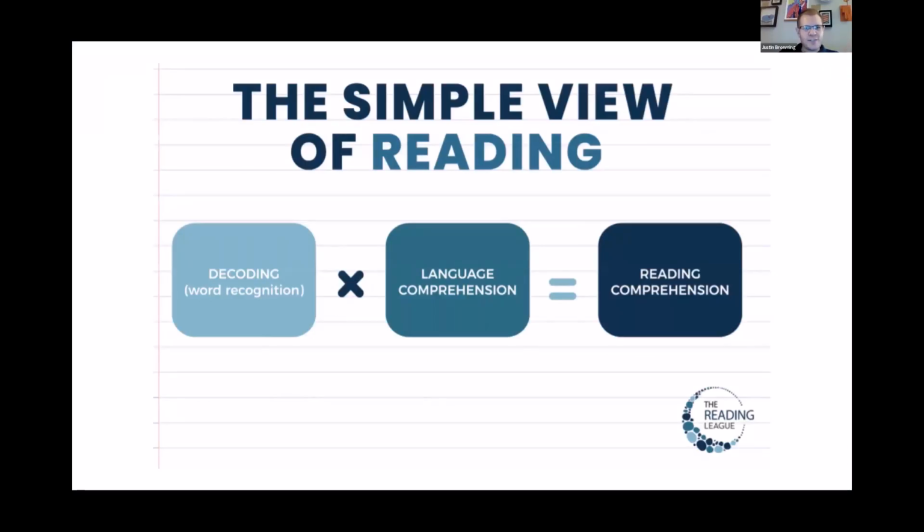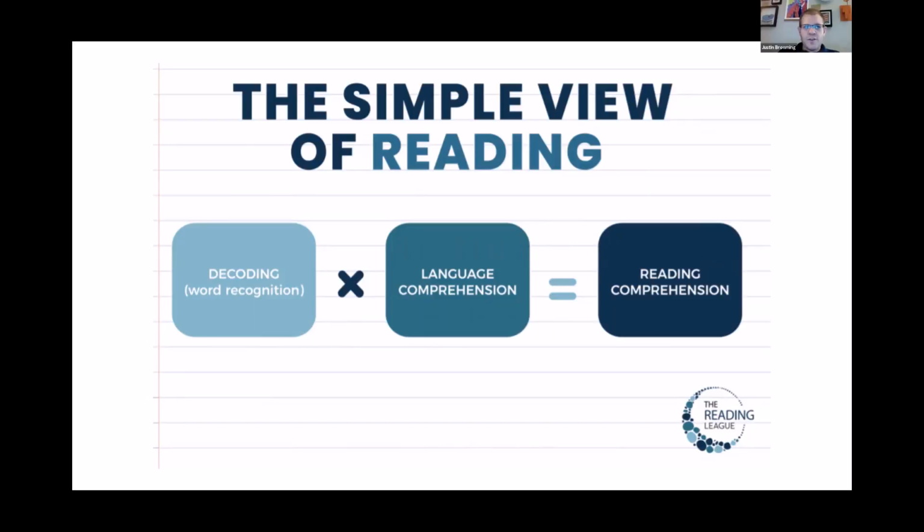But I just want you to make sure that we can connect this to the simple view of reading. So the simple view of reading by Gough and Tunmer is really a simple way to understand how we learn to read and how reading comprehension comes to be. So this is a multiplication problem.